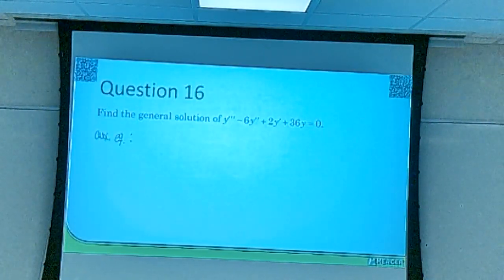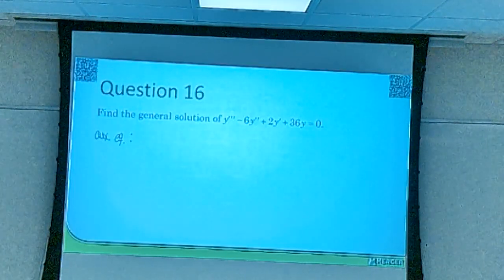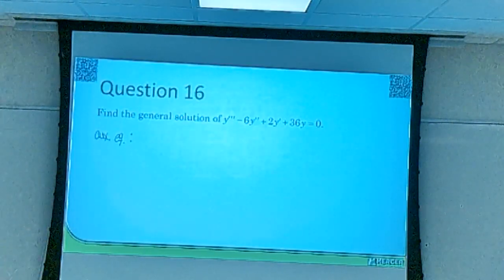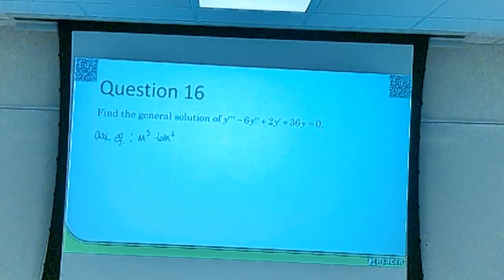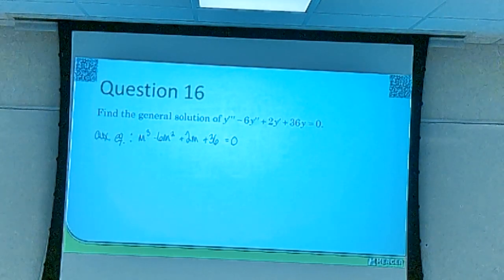What's the auxiliary? m cubed minus 6m squared plus 2m plus 36 equals 0. Can we very nicely factor that?